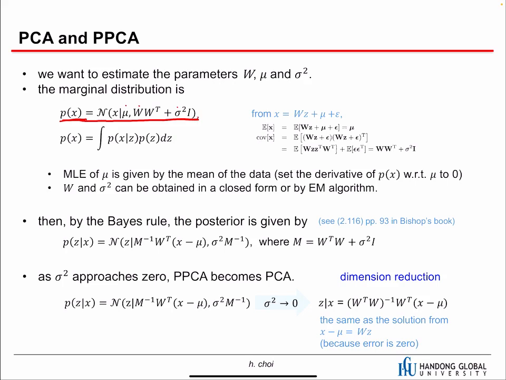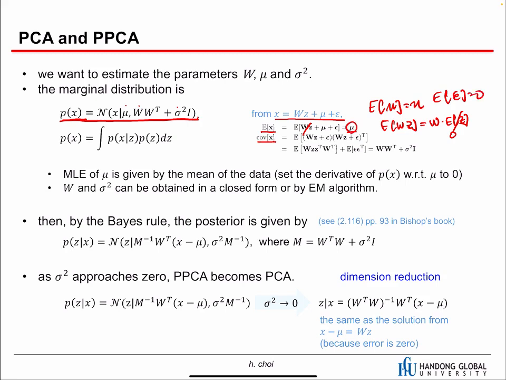This equation comes from this fact: when we calculate the expectation of x, it is simply mu, because W is given, mu is given and sigma square is given. The expectation of WZ is W times the expectation of Z, which is 0, so we can ignore it, and the expectation of mu is mu, and the expectation of epsilon is 0, so it's mu.